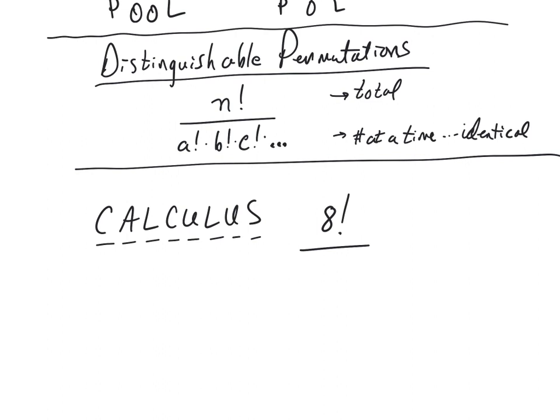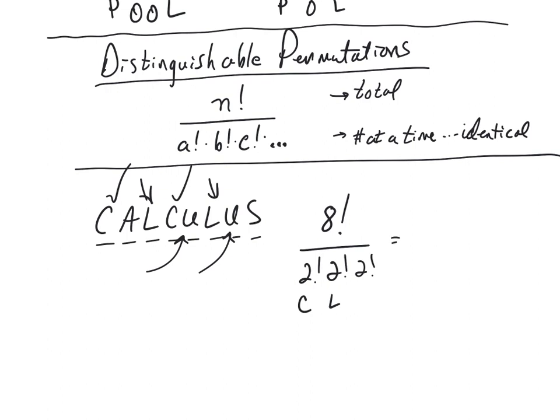And then what we do is we take any letters that are exactly the same or identical and divide out that number factorial. As an example, there's 2 C's. So we're going to divide by 2 factorial to take care of the situations where all we do is switch around the C's. Well, there's also 2 L's, so we'd have to divide by 2 factorial for the switching around of the L's. And then finally, there's 2 U's, so we divide by 2 factorial to take care of the switching around of just the U's.